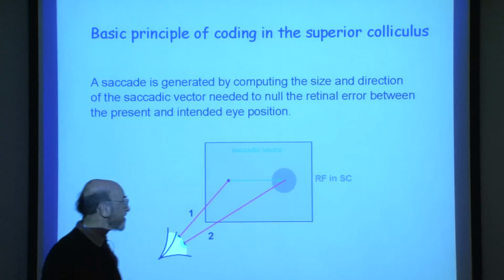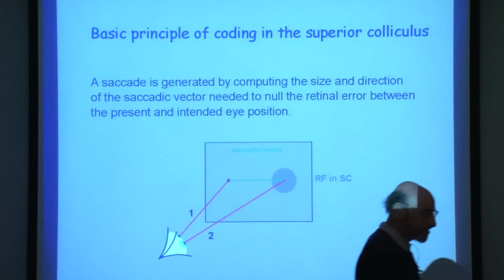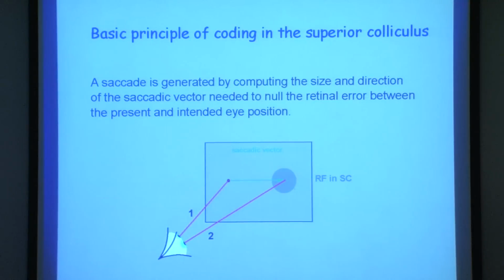And what you have in the colliculus is a cell that is being activated because a target falls into it. And that activation then generates a signal to the lower parts of the colliculus. We'll talk about that, how that is done, which then results in a saccadic eye movement that nulls that error signal. All right? Very clever, very basic, very beautiful, and almost computer-like at this level.